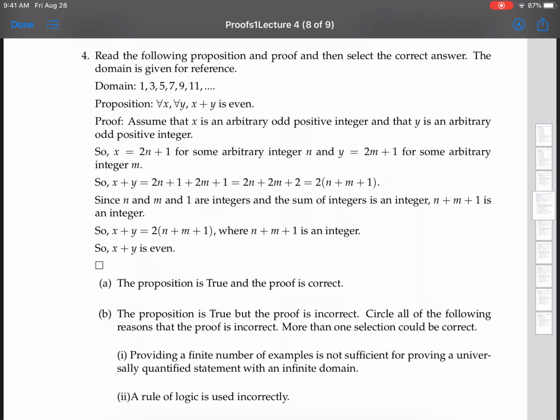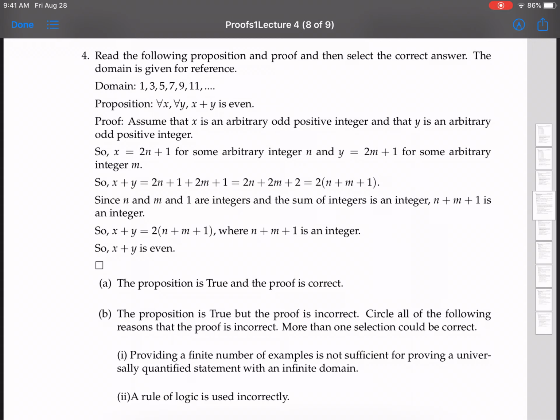We'll say that if x and y are odd, then x plus y is even. But because this is proofs 1, we're just trying to set the stage really. I'll give you something to work on and think about that will help your mind wrap around these ideas so that you can add more complexity in proofs 2 and proofs 3.